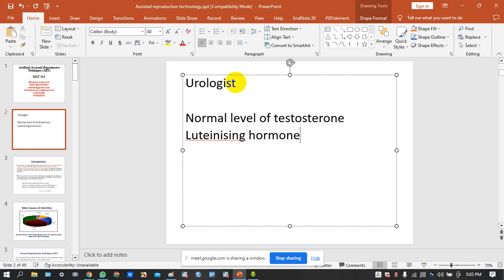A male is also supposed to have normal levels of the androgens, testosterone, luteinizing hormone, and also follicle stimulating hormone.